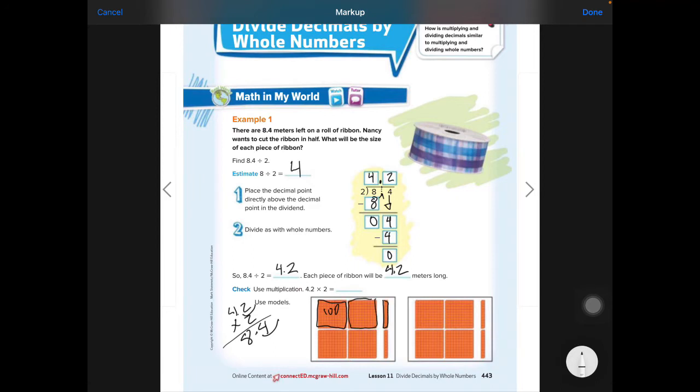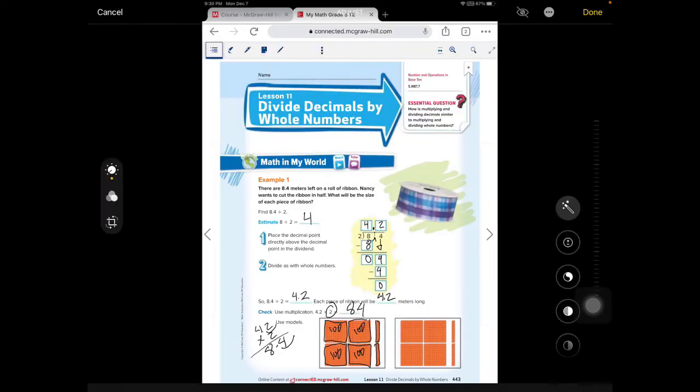And then just do a bar for the tens. And continue on and so forth. And you can see, since it's divided by 2, we have 2 groups of 4.2 that we are working on.